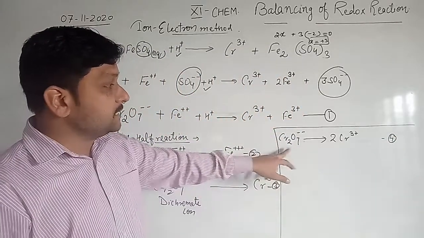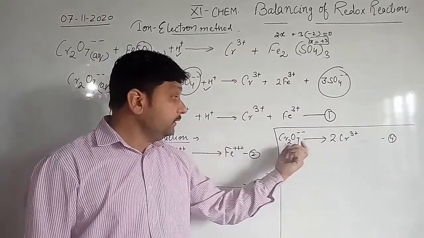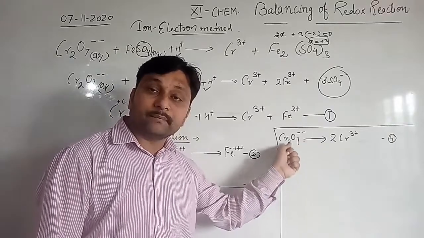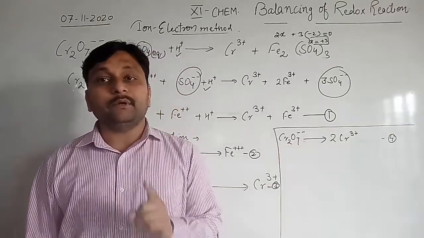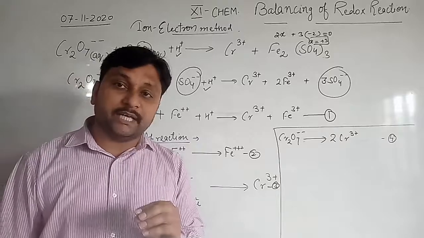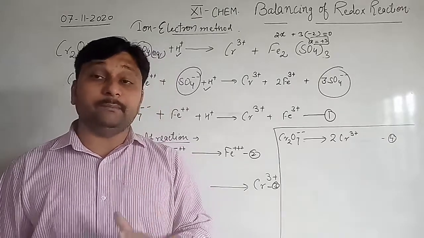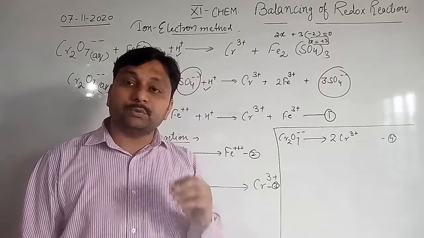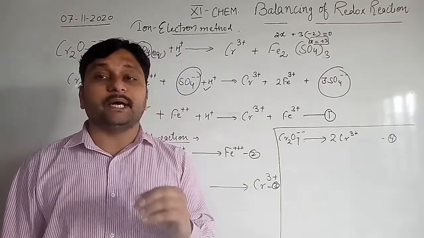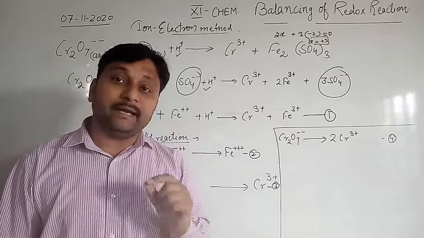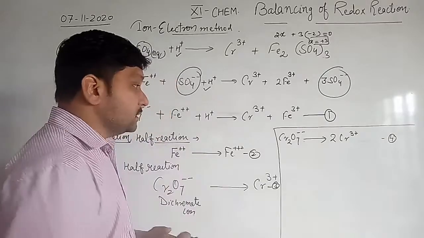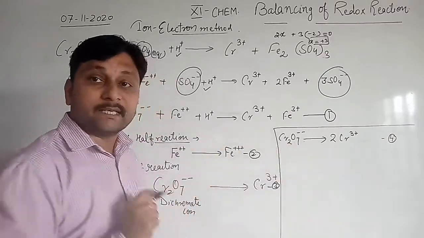Now after balancing the chromium, we balance the oxygen atoms. In acidic medium, oxygen is balanced by H+ ions and water. If the equation is in acidic condition, it means oxygen is balanced by hydrogen ions and water molecules. See here, how many oxygens are there? 7.